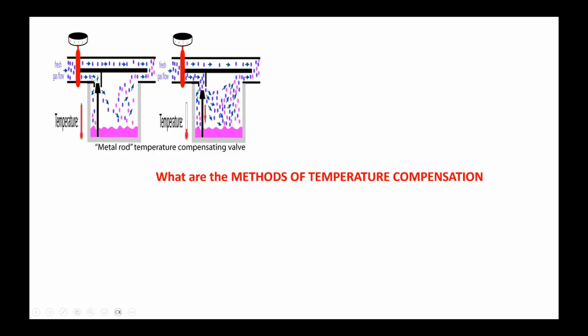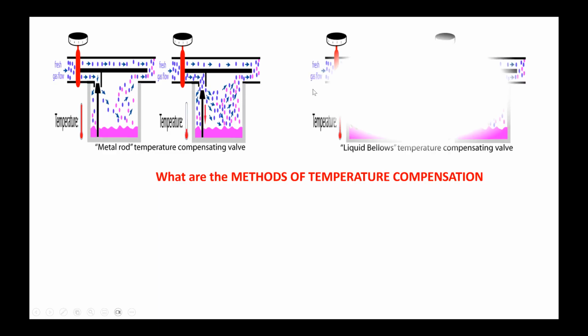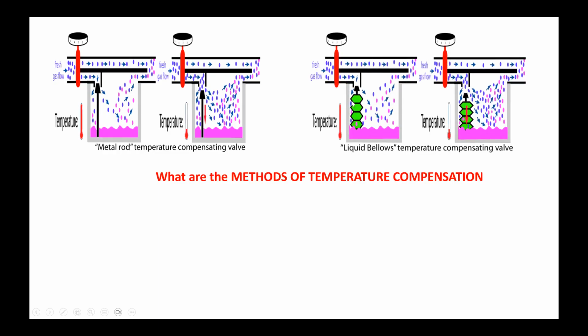Increasing temperature, decreasing fresh gas flow. Decrease in temperature, increasing fresh gas flow, by the metallic guard that is available at the inlet of the vaporizing chamber. Then they have changed this into some sort of bellows-like thing with a blocker at the inlet.